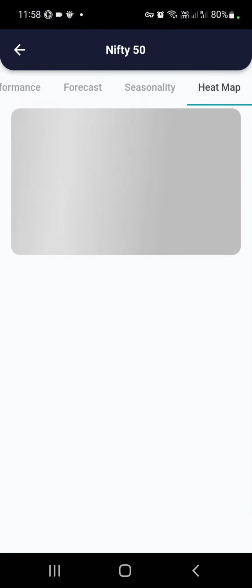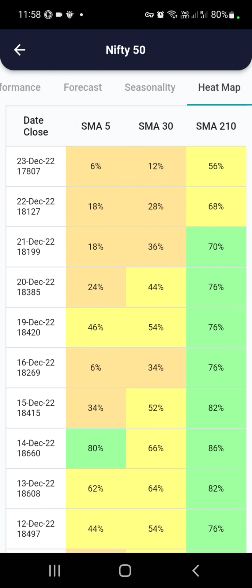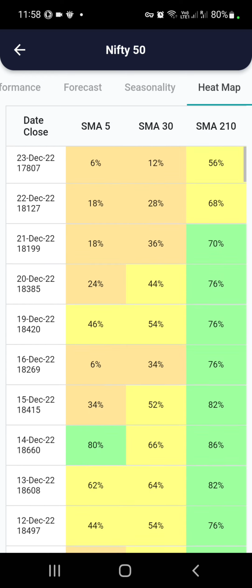Let's take a look at the heat map, which basically talks about how the simple moving averages of each of the constituents of Nifty 50 have been performing. In the past, as of the 23rd, 56% of the constituents have been below the 210 moving average.